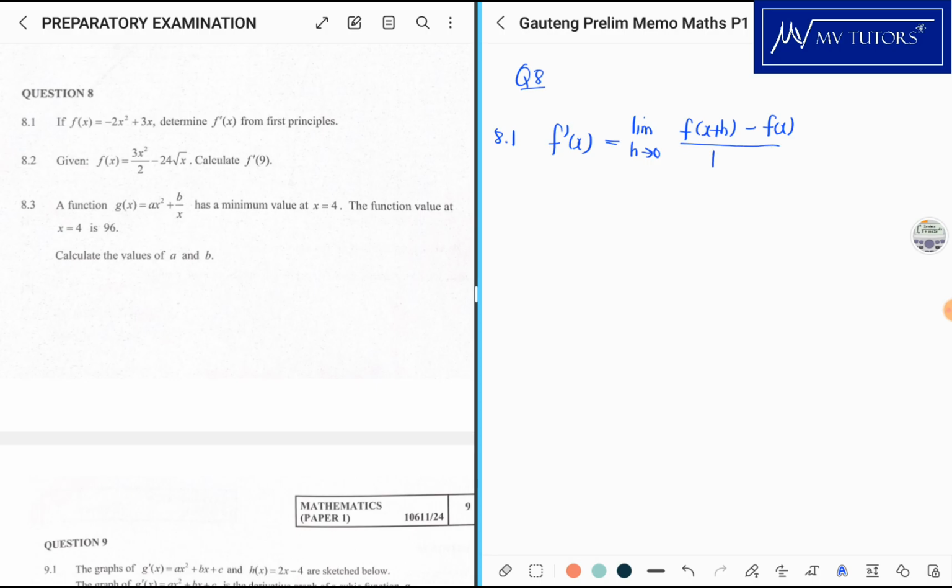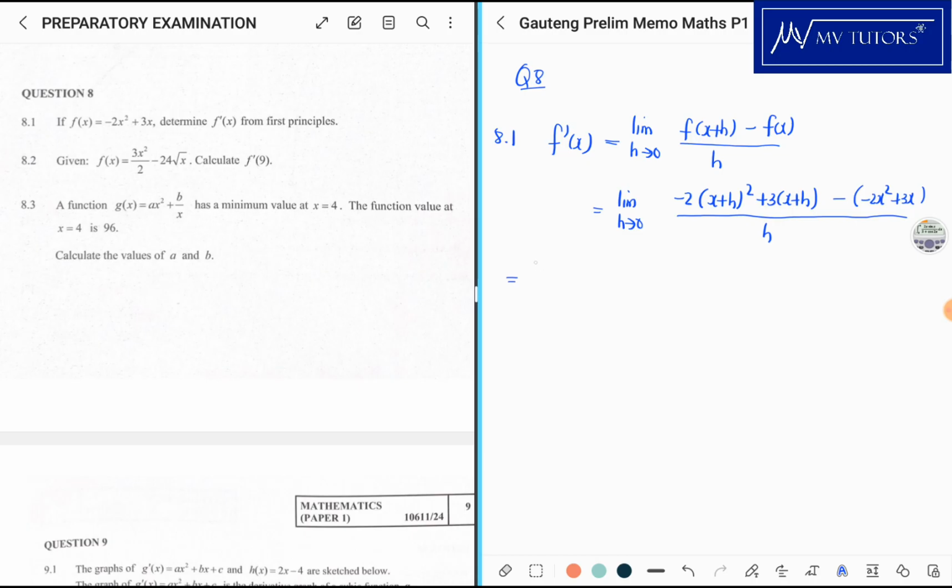They're making life a little bit hard for us because wherever you have x, now you need to substitute x plus h. So we have negative 2 times (x plus h) squared plus 3 times (x plus h), minus negative 2x squared plus 3x, and that is all over h.